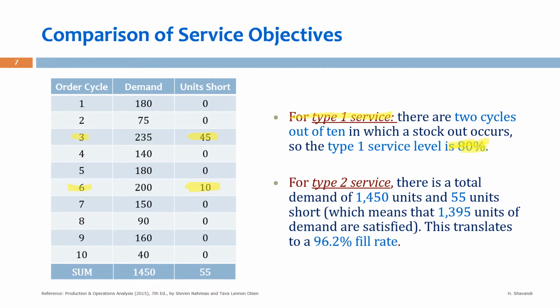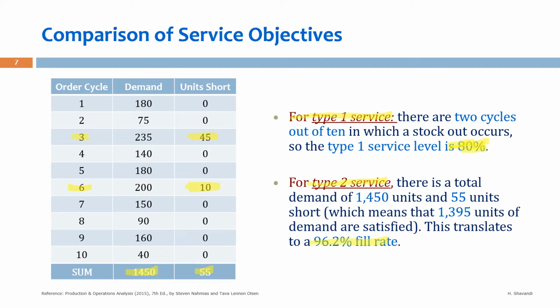This means that in 80% of cycles we were not in a stock out situation, but in 20% we were in stock out situations, right? But for type 2 service level here, as you see, the total demand during the past 10 cycles was 1450 items, and the total units short is 55. So 55 divided by 1450 is the fraction that we had a shortage, and the beta, the type 2 service level, is 96.2%.